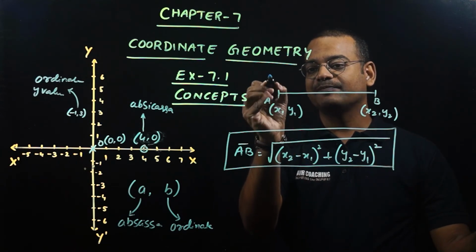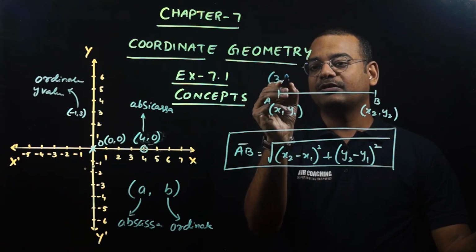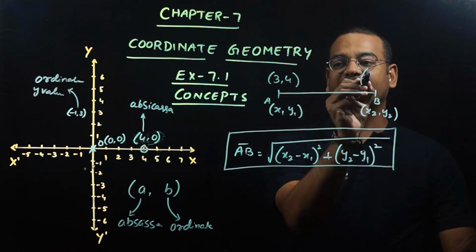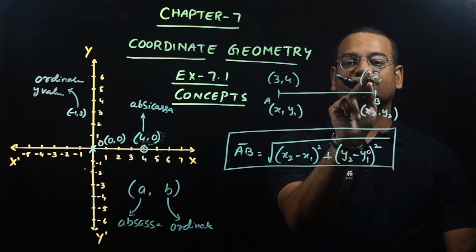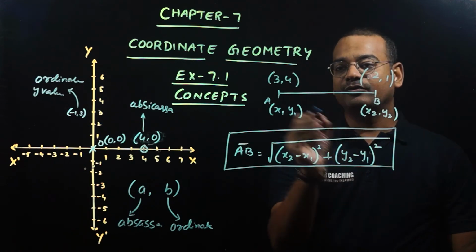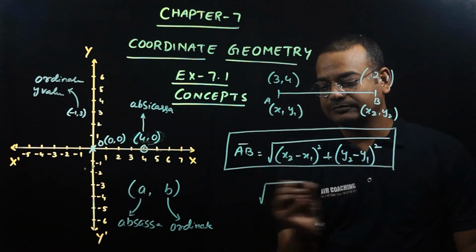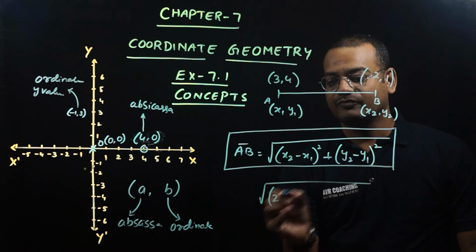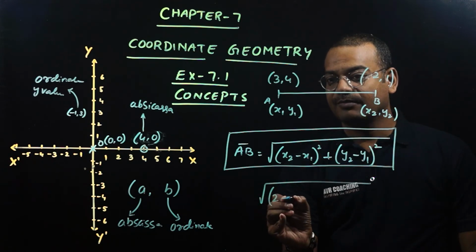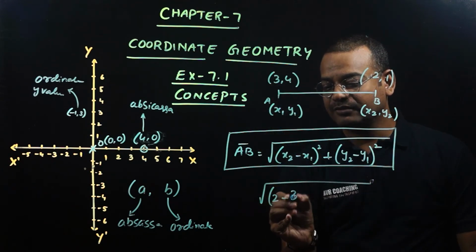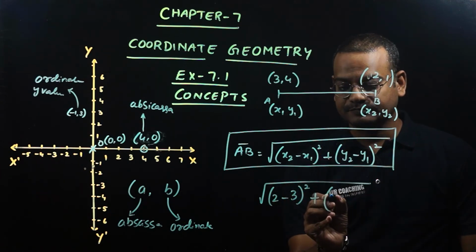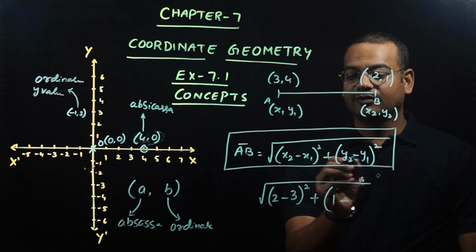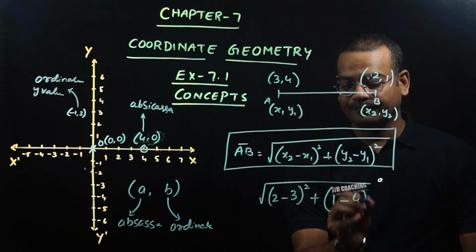Now if I say A value is 3, 4 and B value is 2, 1, you are going to just substitute: x2 value is 2 minus x1 value is 3 whole square plus y2 value is 1 minus y1 value is 4 whole square.